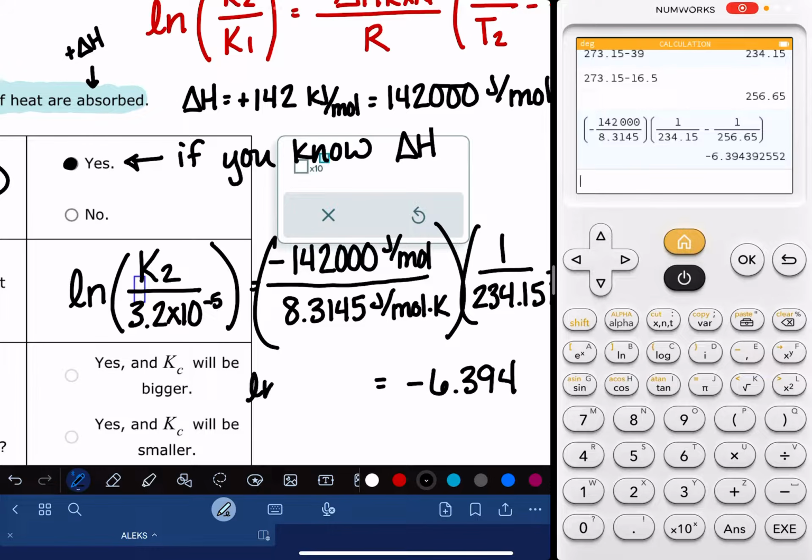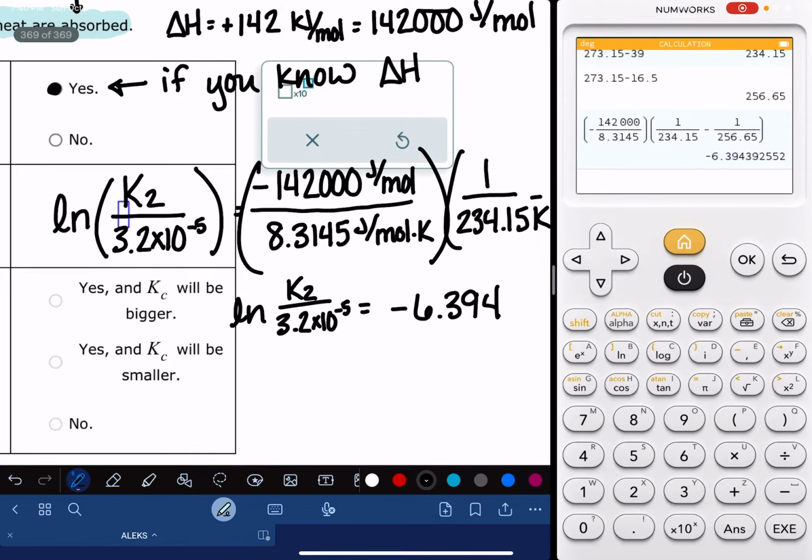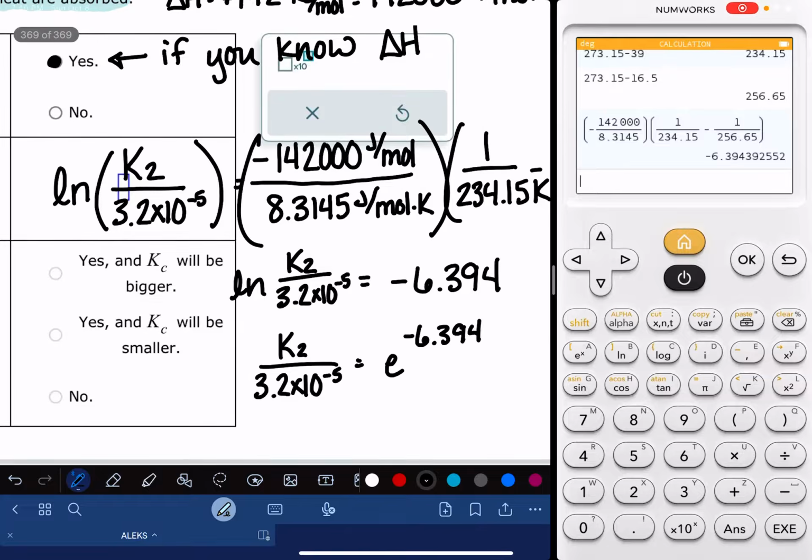So this is the natural log of K2 over 3.2 times 10 to the minus 5. To solve for that natural log, we're going to take the inverse of the natural log, which is the e function. On the left-hand side, that's just going to make that natural log function magically disappear. Over on the right-hand side, we're going to have e to the negative 6.394.